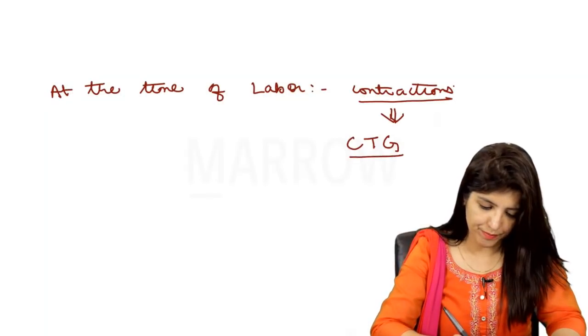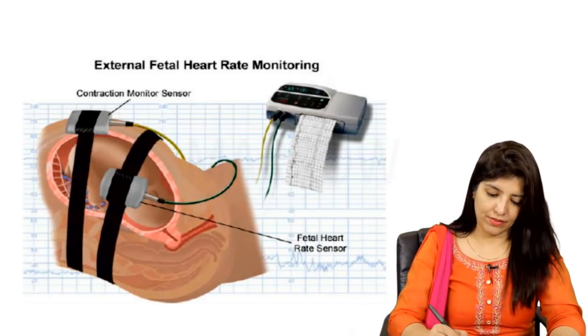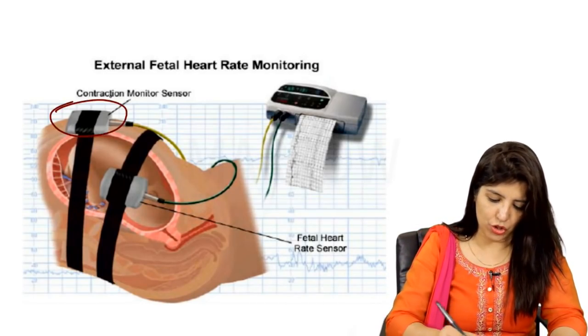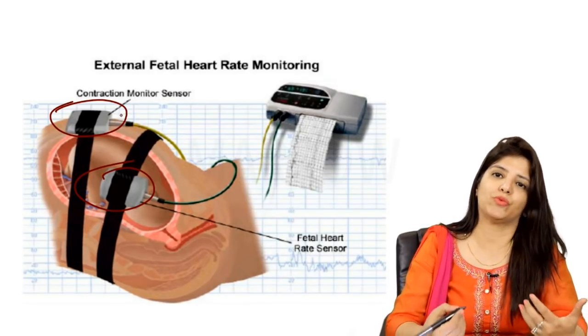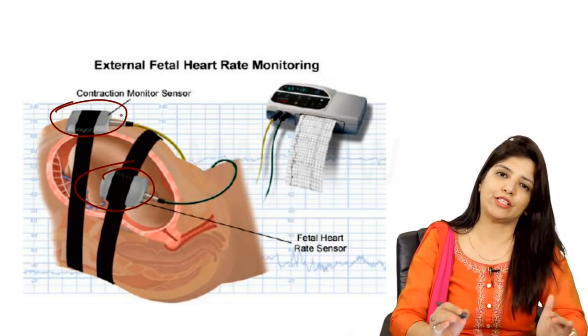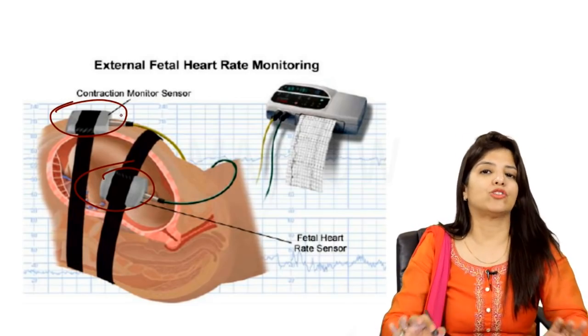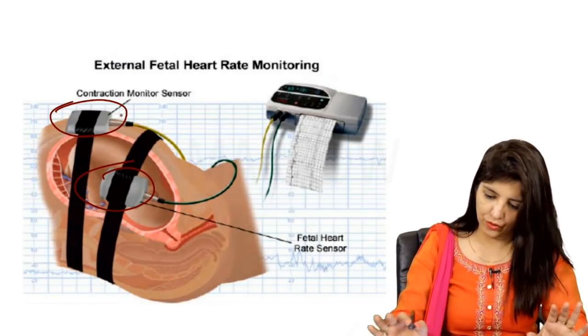So look here. In CTG, there are two monitors which you are keeping, right? One sensor is for the contraction, which will sense the contraction, and the other sensor is for fetal heart rate. In case of NST, there is only one sensor, for the fetal heart rate, right?